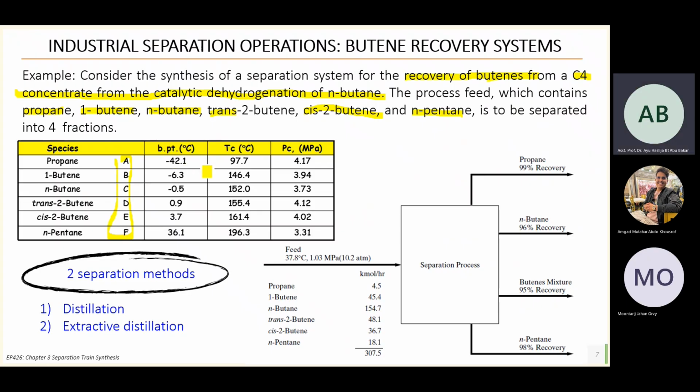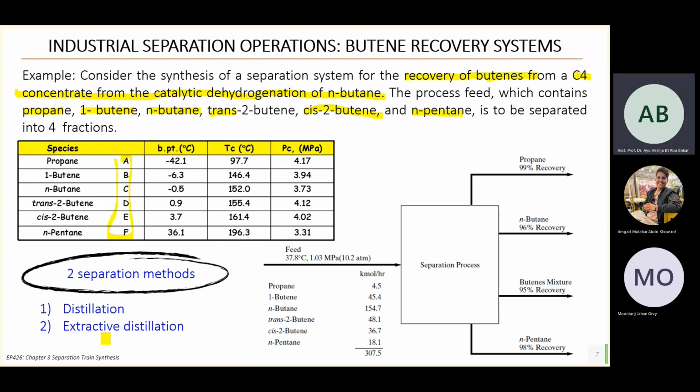So these are the given properties: boiling point, temperature, pressure. Okay, so here the 2 separation methods that are possible are distillation and extractive distillation.